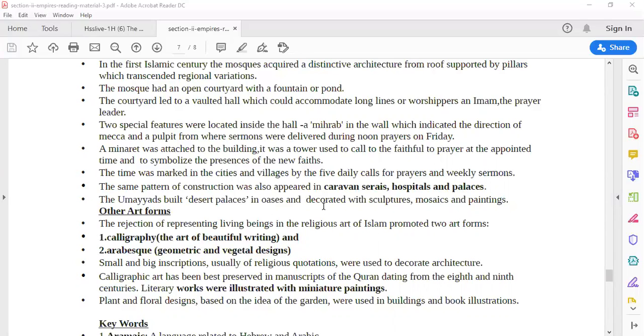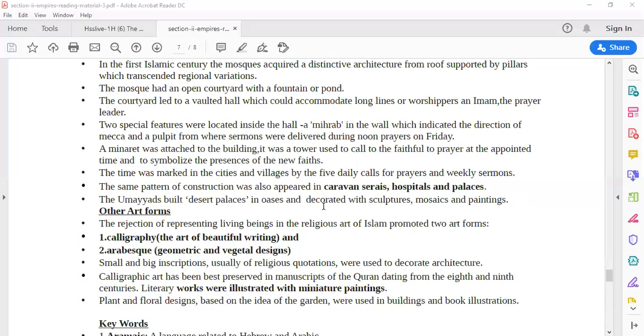The mosque also had an open courtyard with a fountain or a font. The courtyard led to a vaulted hall which could accommodate long lines of worshippers behind an imam. An imam is the prayer leader.